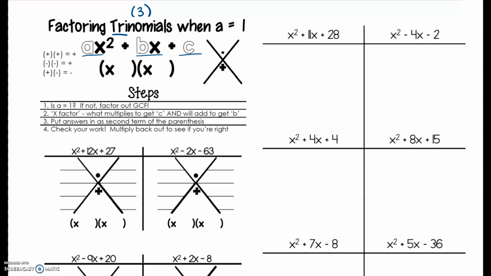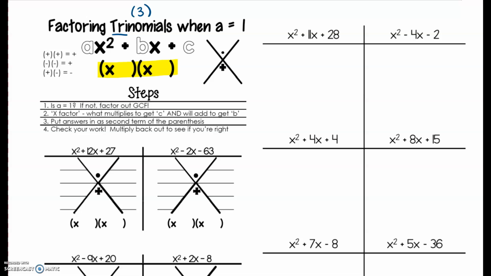Today I'm going to teach you this little X method to help you. Those of you that are really good with your times tables may not need to use this little X method every time, but I think it's helpful for a lot of us to figure out how we should factor each one of these. You'll notice every time that this is set up with two sets of parentheses, and in this case we're using the letter x as our variable.